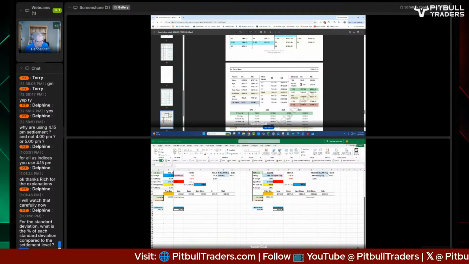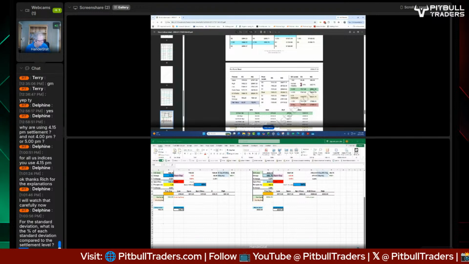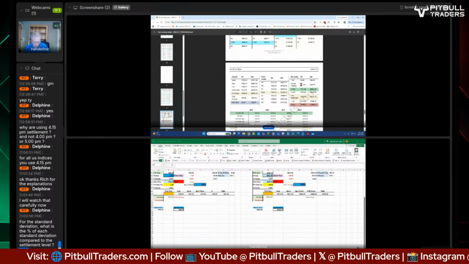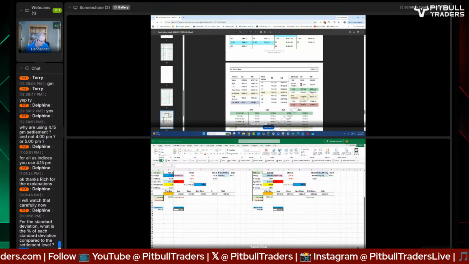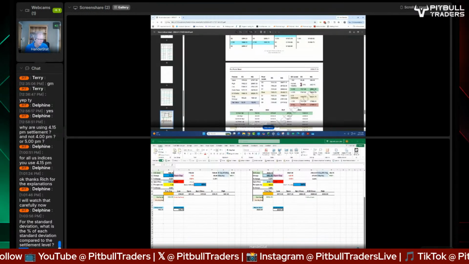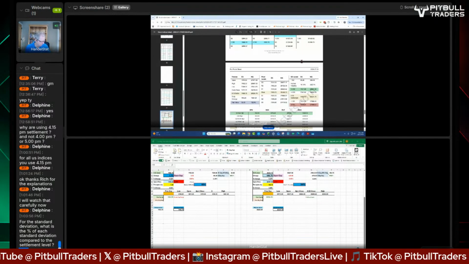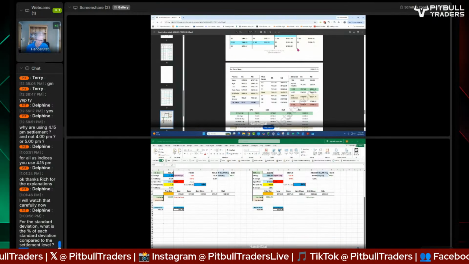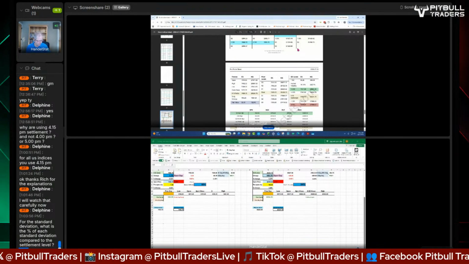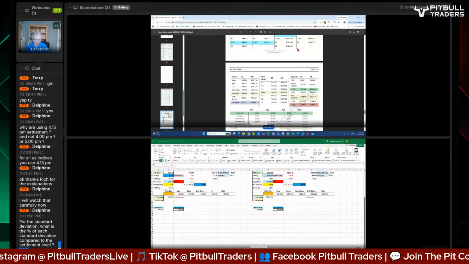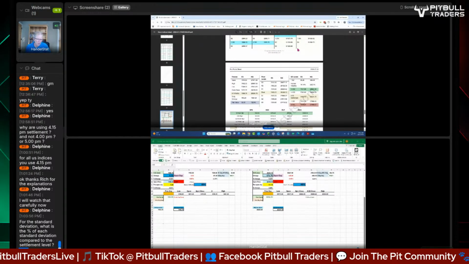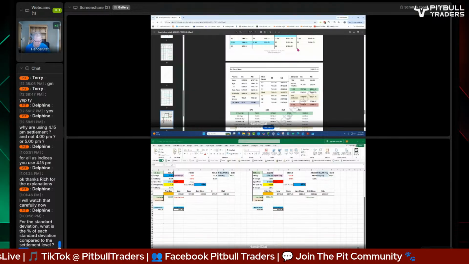And when you have implied volatility, it tells you how far you can expect the market to move from the prior day settlement. In a standard distribution, 68.5% of the time is one standard deviation, 95.5% of the time is 2, and 99.9 is 3 standard deviations. So you can expect that now.